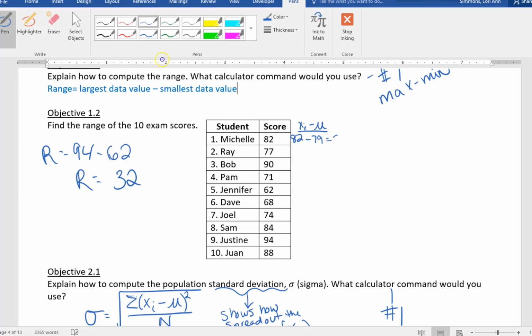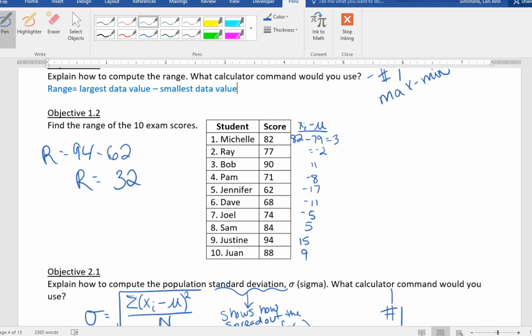So this is 3. Then 77 minus 79 is negative 2. So on and so forth. So we have 11, negative 8, negative 17, negative 11, negative 5, 5, 15, and 9.